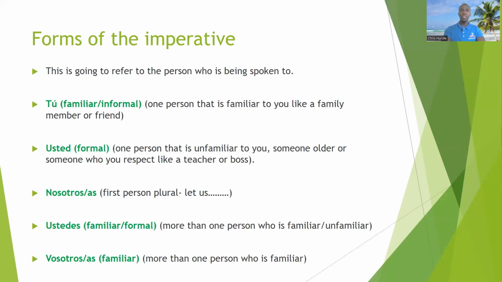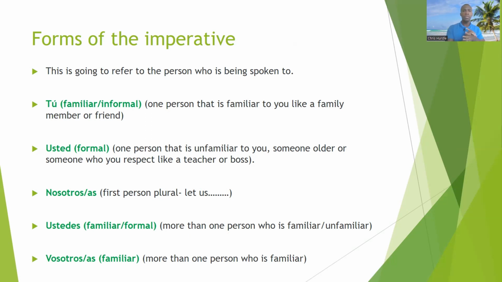When it comes to gender, gender is not an issue here. The issue is going to be the number of people that we're talking to, or the formality. So how familiar are we with these persons, okay? So let's say there are five. There are mainly four, but I still include the fifth one, and you'll see why.